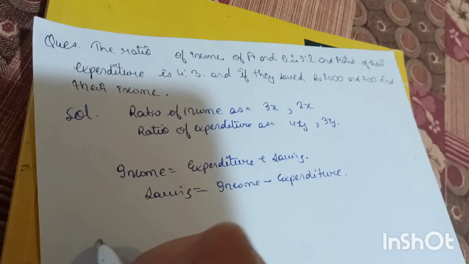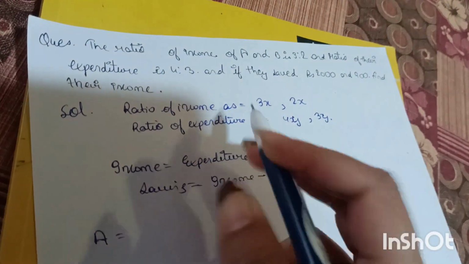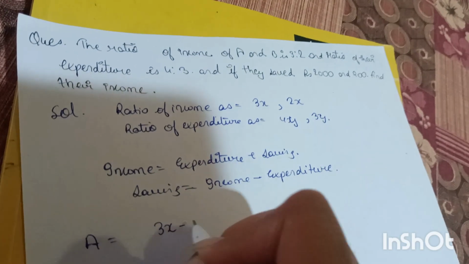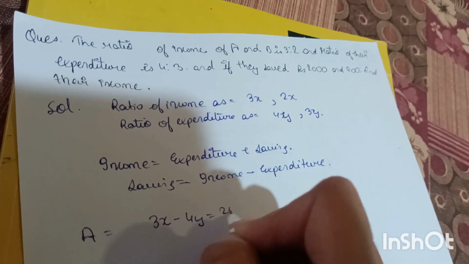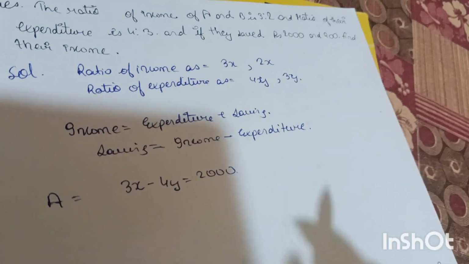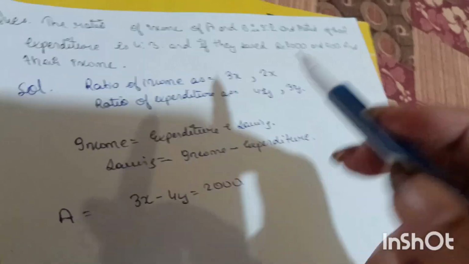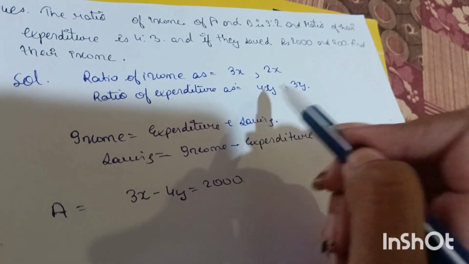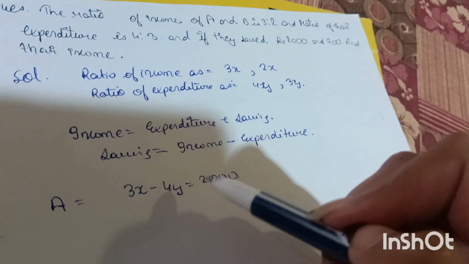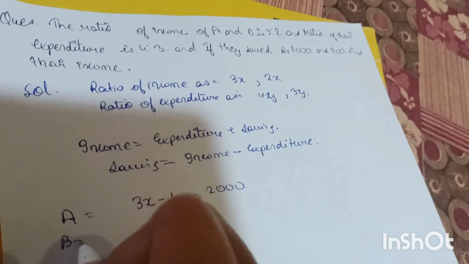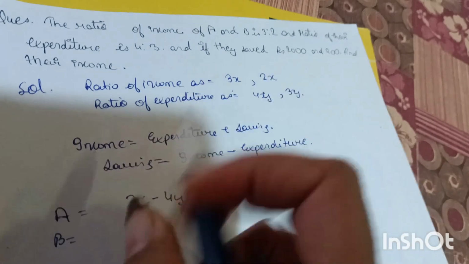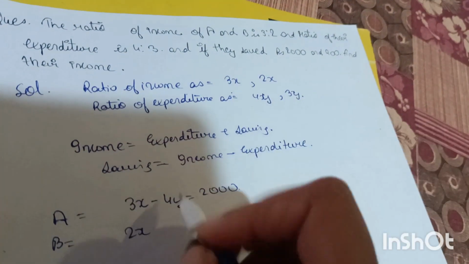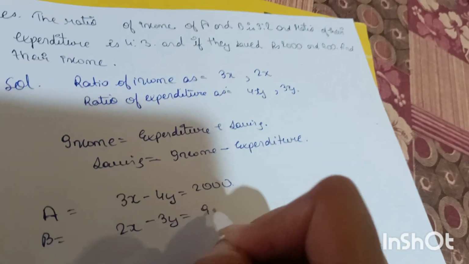So now you can make two equations. The equation for A will be 3x minus 4y equals 2000. How? See, income is 3x, expenditure is 4y and saving is 2000. Then for B, 2x minus 3y equals 900.